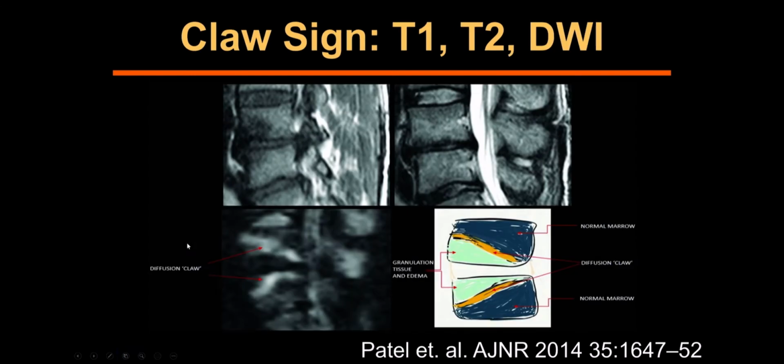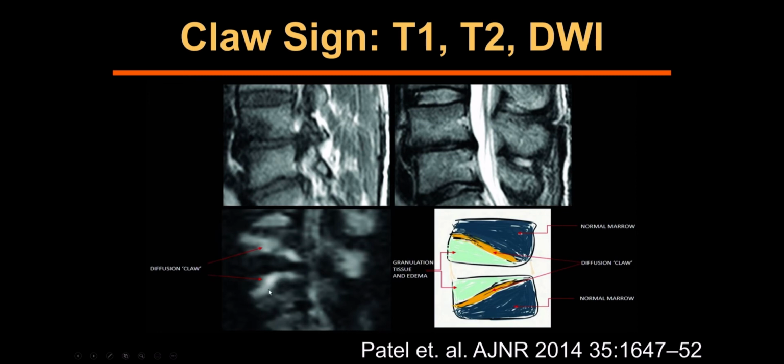Let's look at some pictures. This is from Dr. Patel's article. You can see maybe it's Modic, maybe it's infection type changes. And here is the claw sign. Notice that the end plates aren't so much involved, but this band or linear area of restricted diffusion within the adjacent vertebral body marrow.